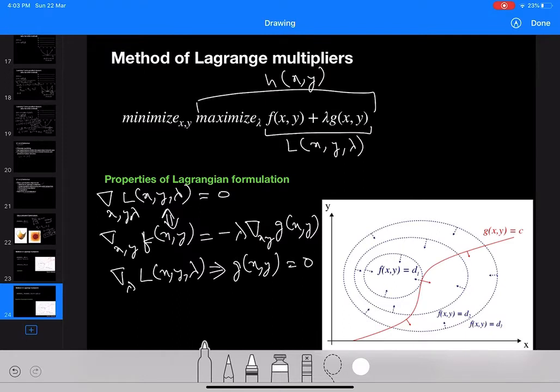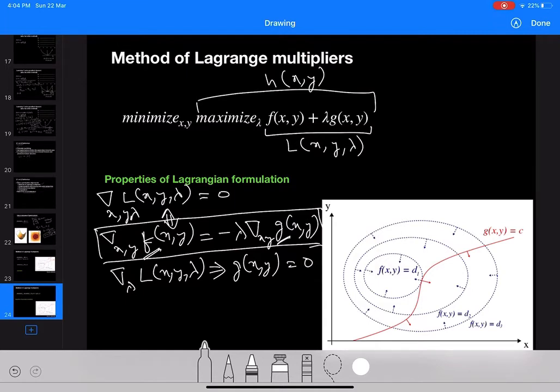What we can see is that this thing, which I'm bounding in a box, is actually a great insight. It says that the tangent of f and the tangent of g are shared.